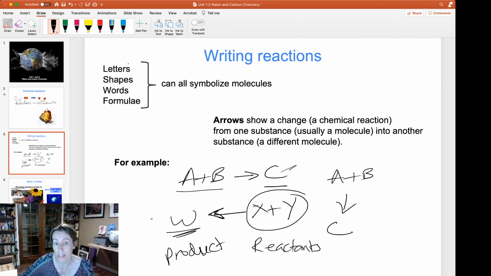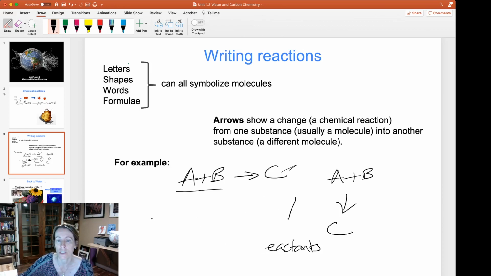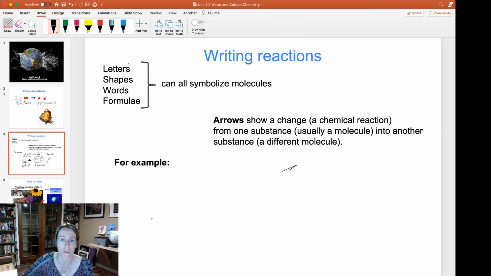It's telling me I'm starting here and I'm going into this one. This is what I'm making. The arrow points to the product. You've got to look at the direction of the arrow and what it's telling you, what's turning into what. It might not necessarily go left to right like an English sentence would go.